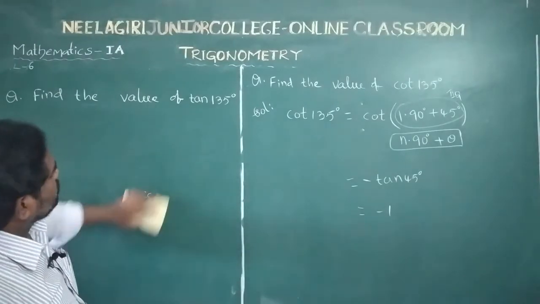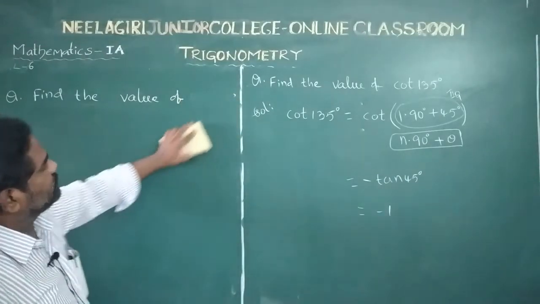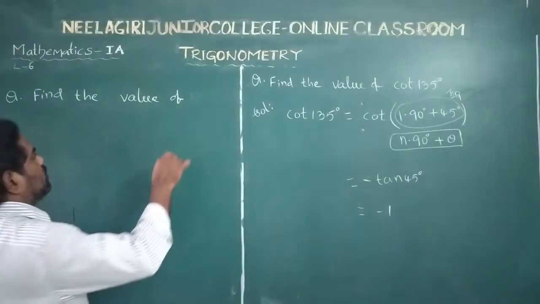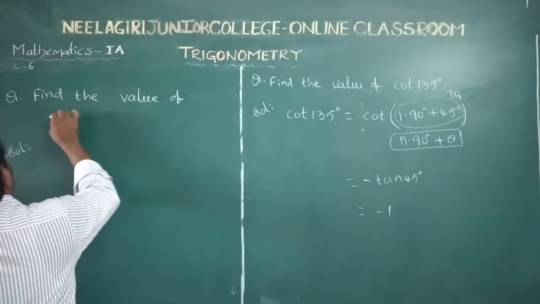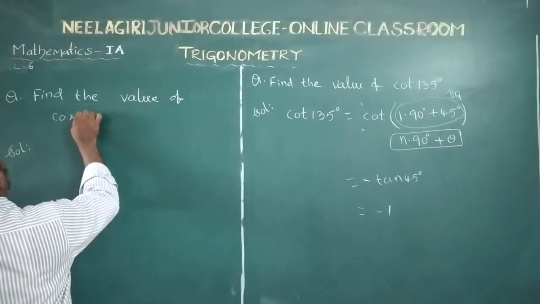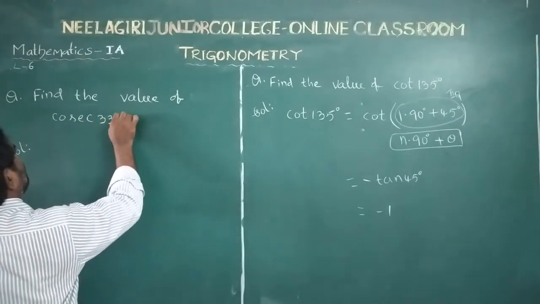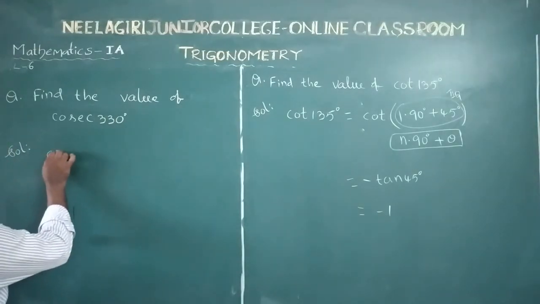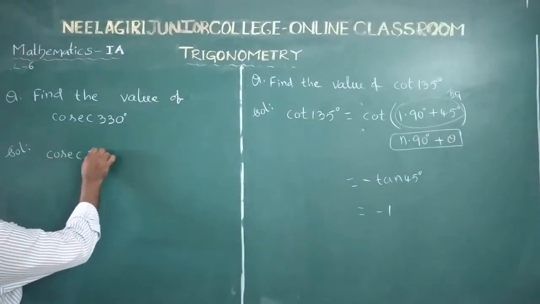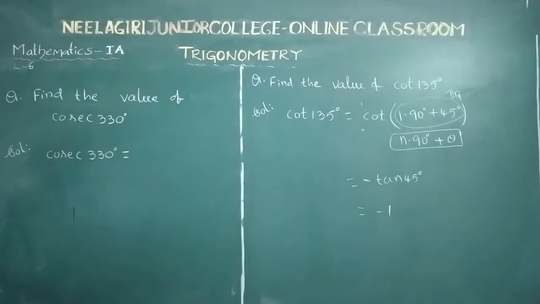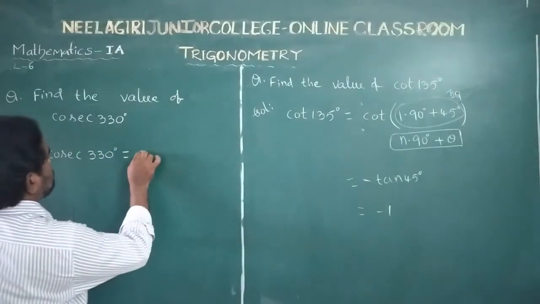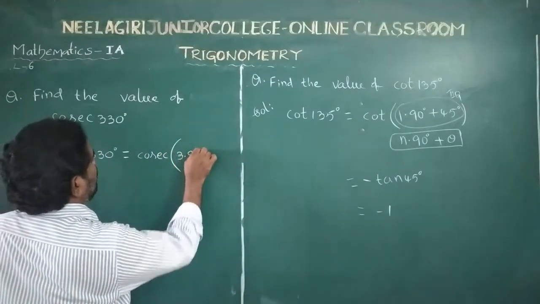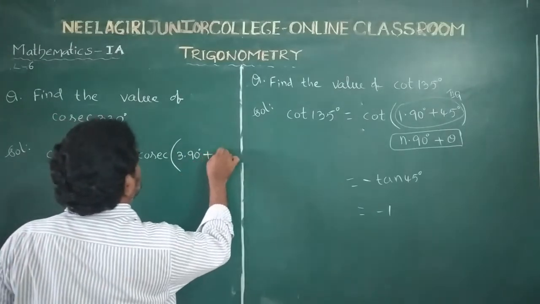Now, the next thing is: find the value of cosecant 330 degrees. Cosecant 330 degrees can be written as cosec of 3 into 90 plus 60.